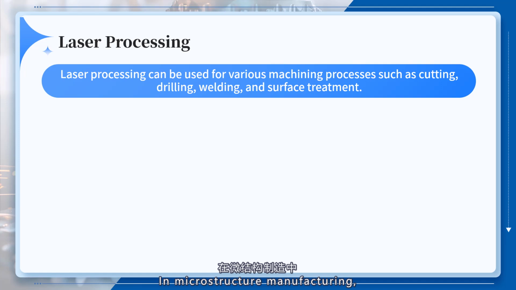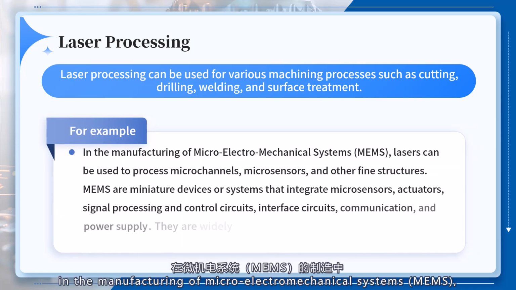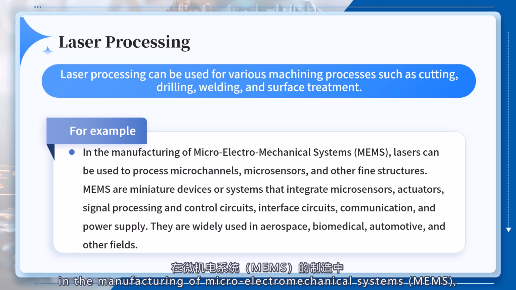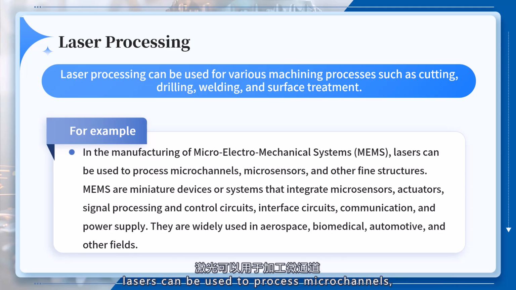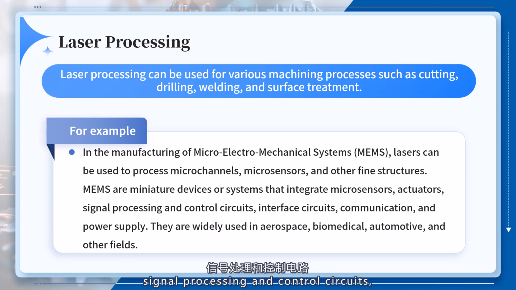In microstructure manufacturing, laser processing has unique advantages. For example, in the manufacturing of microelectromechanical systems, lasers can be used to process microchannels, microsensors, and other microstructures. MEMS are miniature devices or systems that integrate microsensors, actuators, signal processing and control circuits, interface circuits, communication, and power supply.